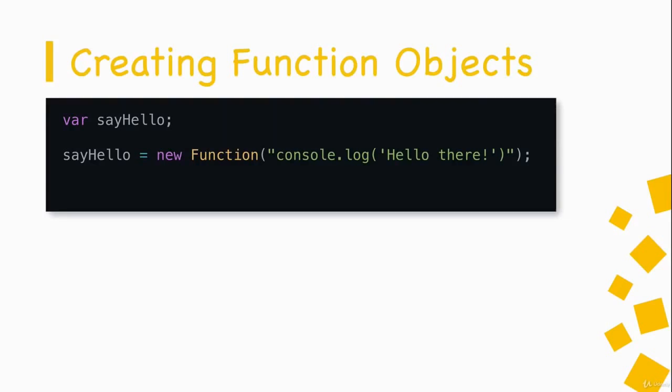And that creates a new function object. And now you can type in sayHello and then a pair of parentheses in order to execute the function, which logs the string hello there to the console. However, using this syntax is not recommended because this syntax is not very reliable and it's not the fastest either. So it's better to use the function literal syntax that we just saw. There's no need to use the new Function syntax most of the time.